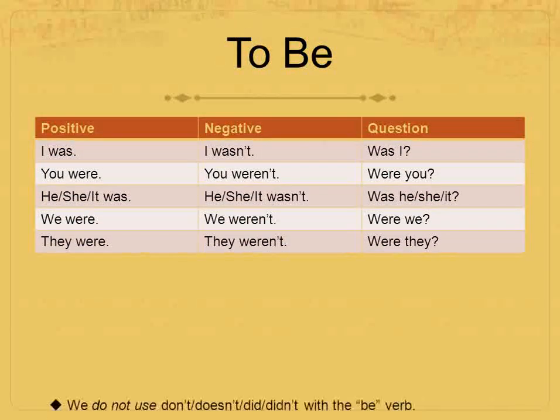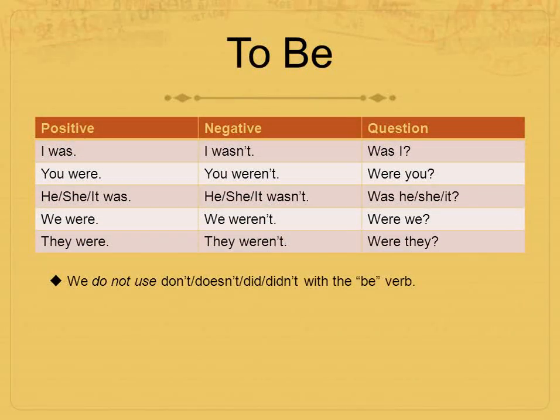Okay, to be. I was, I wasn't, was I? You were, you weren't, were you? He was, she was, it was, he wasn't, she wasn't, it wasn't. Okay, so one really important difference with the be verb is that we do not use don't or doesn't or did or didn't with the be verb.